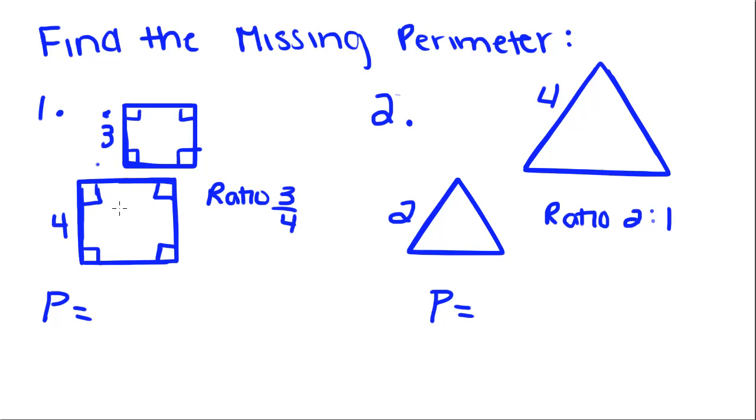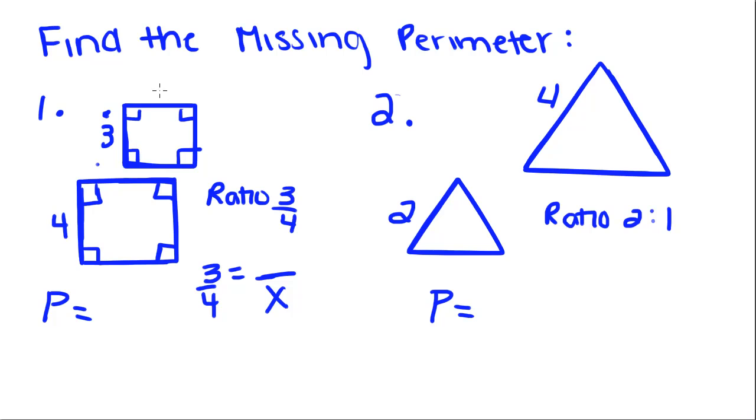So knowing that, I can find the perimeter of this one by finding the perimeter of this one. So we're going to take 3/4, which is the ratio of their sides and their perimeters, and we're going to set it equal to the perimeter of this one over the unknown perimeter of this square.